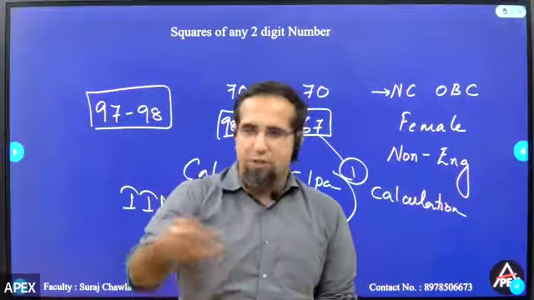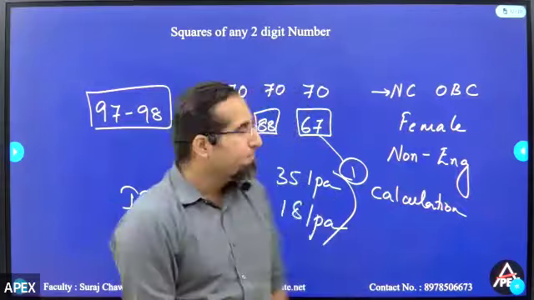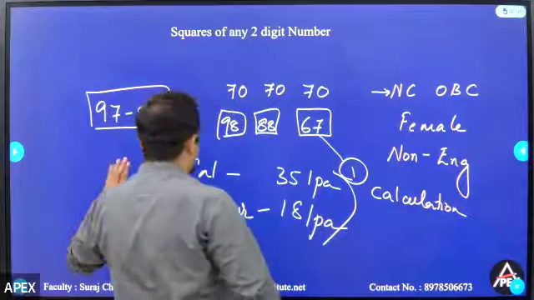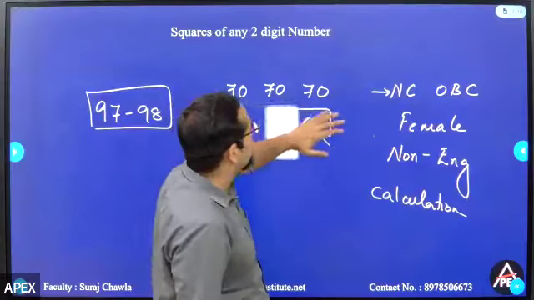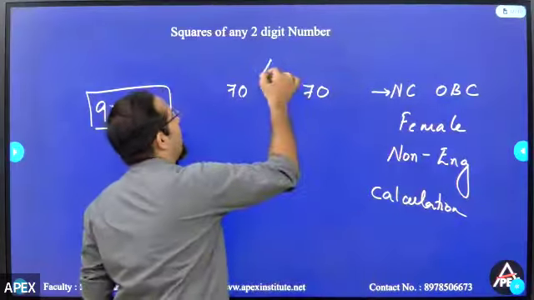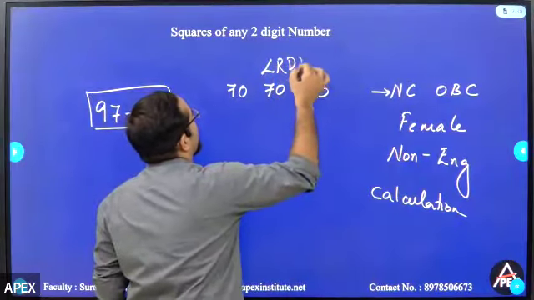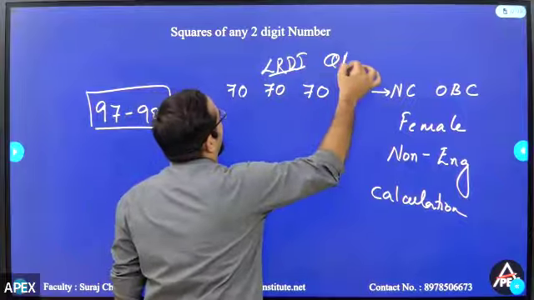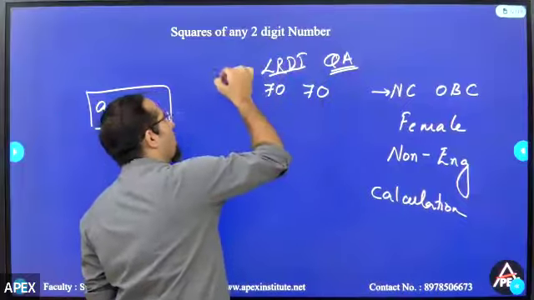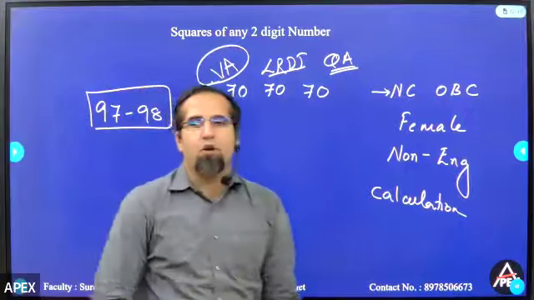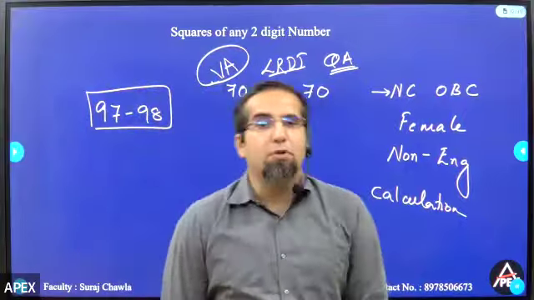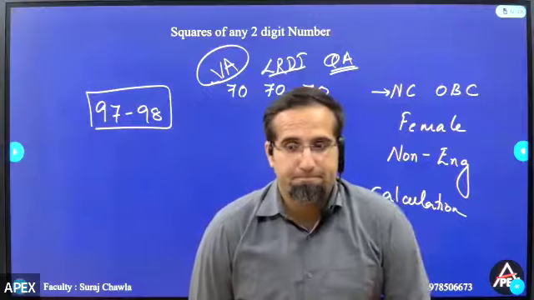I'll give you one more example since we are from Vishakhapatnam. Most of my students this year, they have cleared LRDI cutoffs. They have cleared quant cutoffs. A lot of them are repeating because they have not been able to clear verbal ability cutoffs.